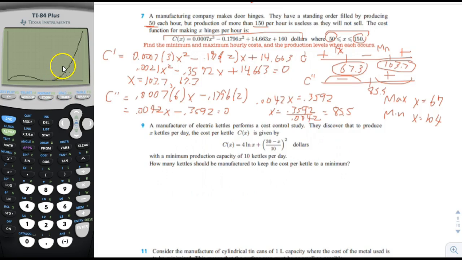Oh, interesting. Okay, so let's see. Let's do a trace. And remember how we have two functions? We have a local max, which is 67. I can't even see it.